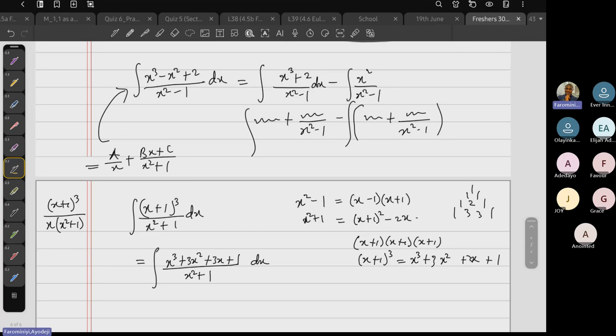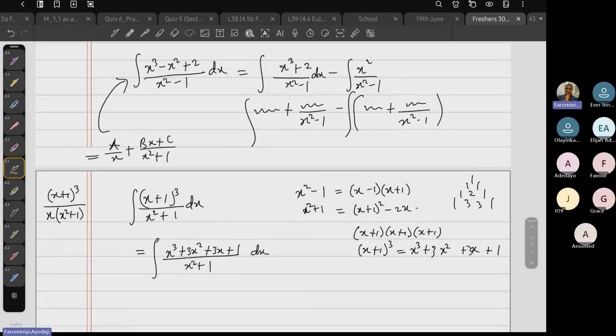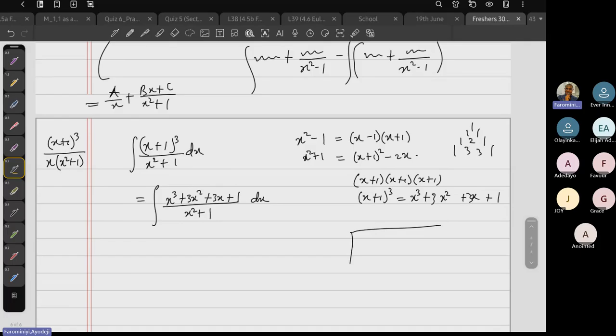So we can do long division, and we can also try to be creative here. So when I say long division, you can do something like this: x cubed plus 3x squared plus 3x plus 1. Then you divide by x squared plus 1.